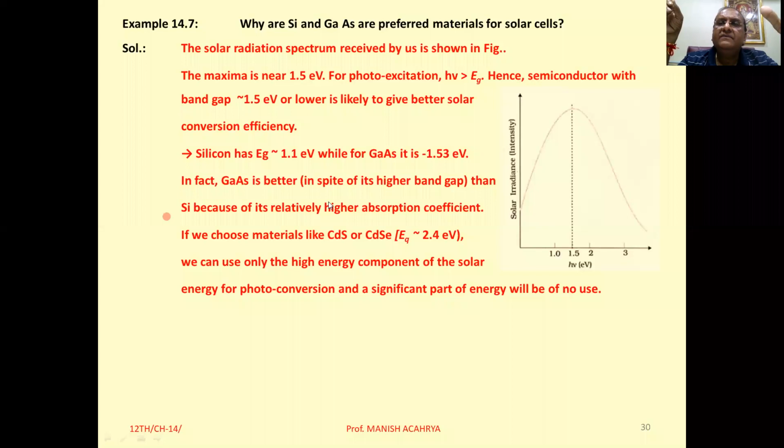It implies that if we make solar cells with a material which has a band gap energy less than or near about 1.5 electron volt, and for silicon the band gap energy is 1.1 electron volt, and gallium arsenide is 1.53 electron volt, therefore these materials are more preferred to develop solar cells. Clear to all of you?